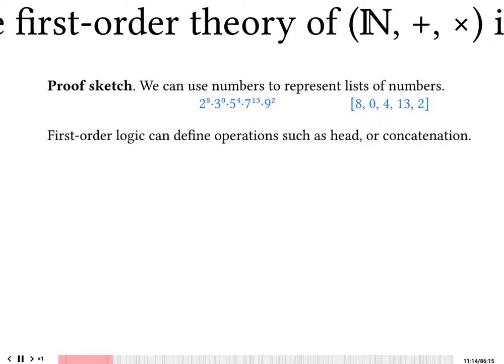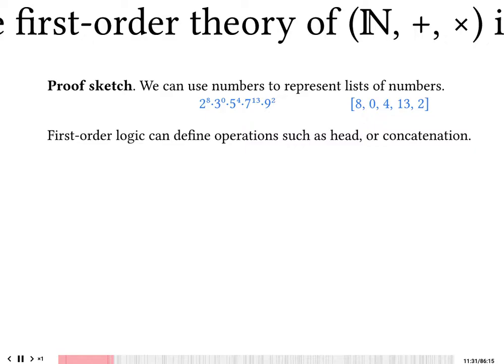All of this can be done in first order logic. For head, it's kind of easy. You just check the highest power of 2 which divides your input number. For list concatenation, you need to do a little bit of effort, but I will not go into that.